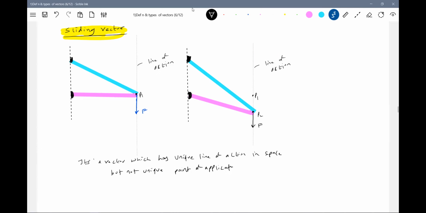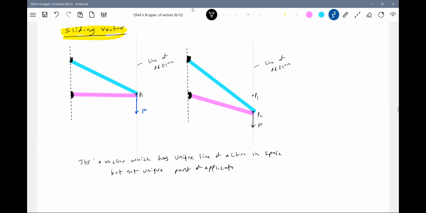And it has magnitude and direction. The direction of force doesn't change. So to define this, what is needed? Essentially, magnitude plus line of action are needed.